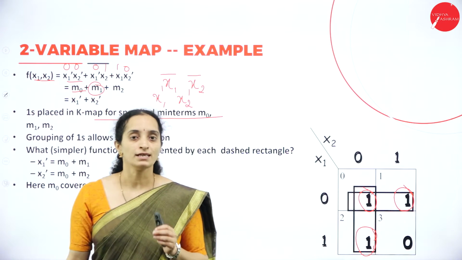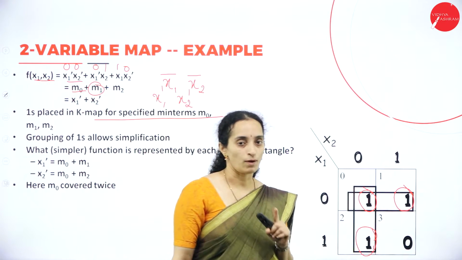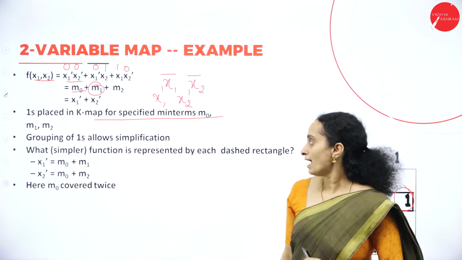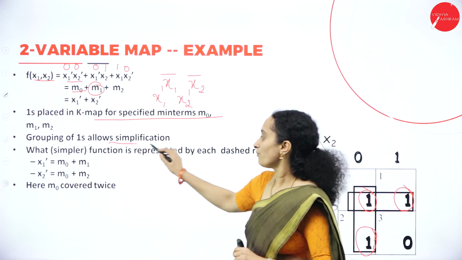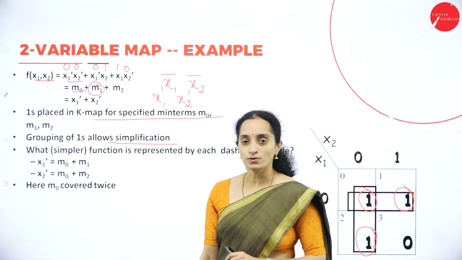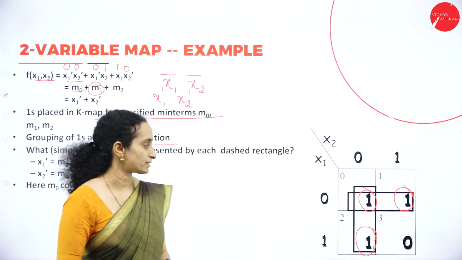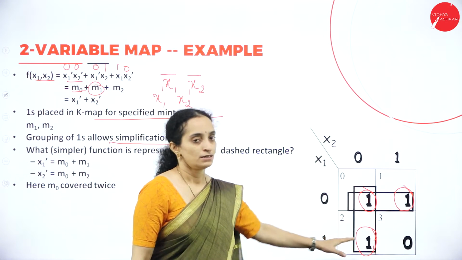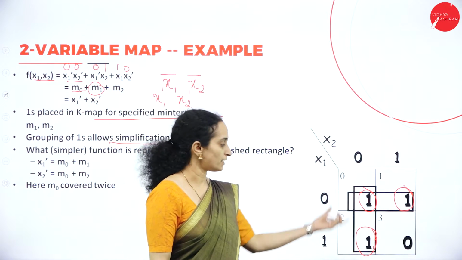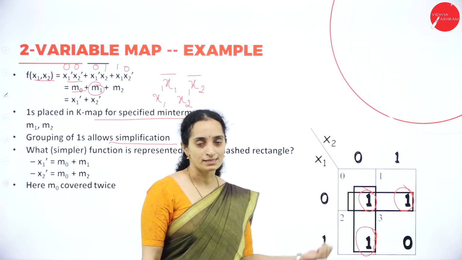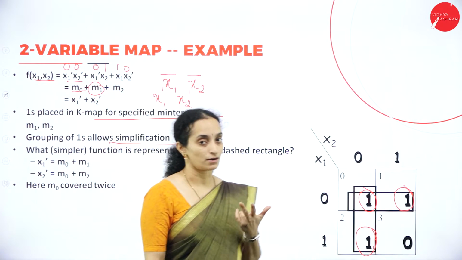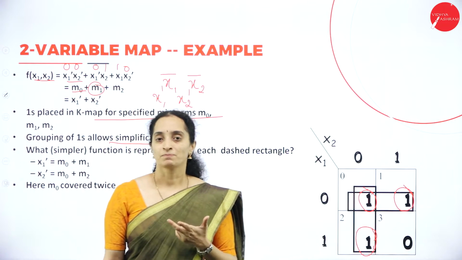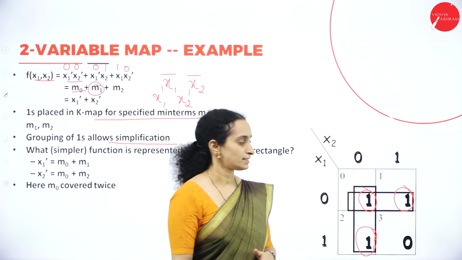You have to represent each min term as a 1 in the K map. Grouping of ones allows you to simplify the expression. The rules for the grouping have already been explained in the previous sessions.